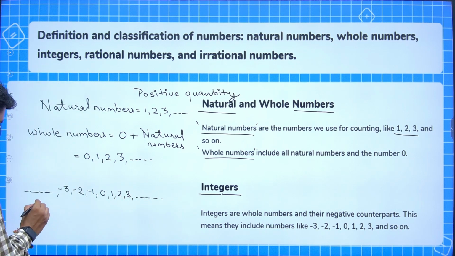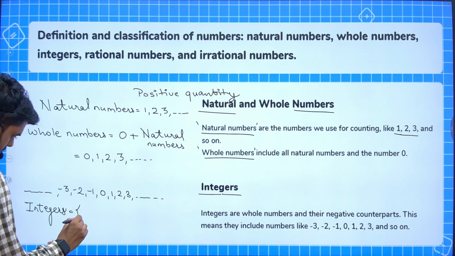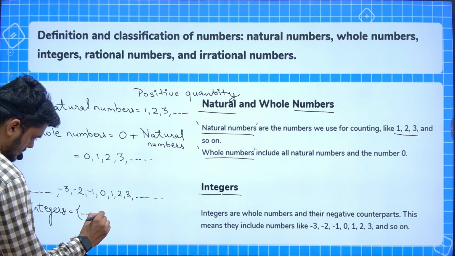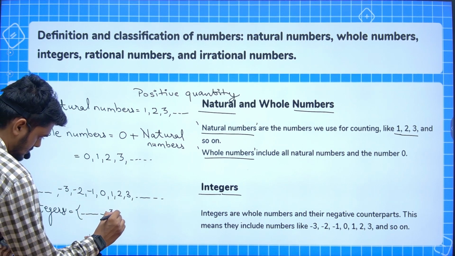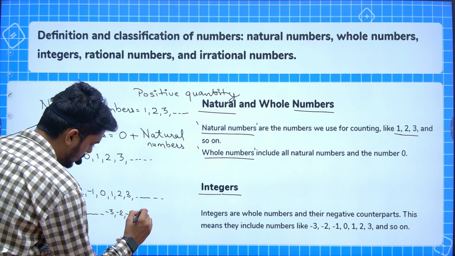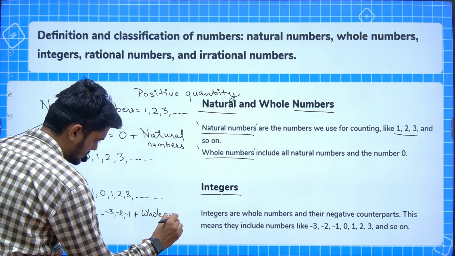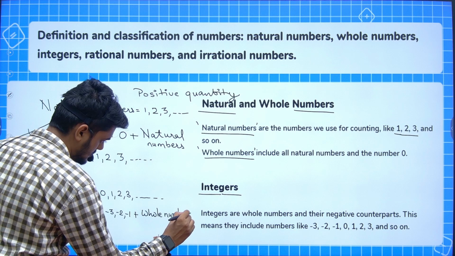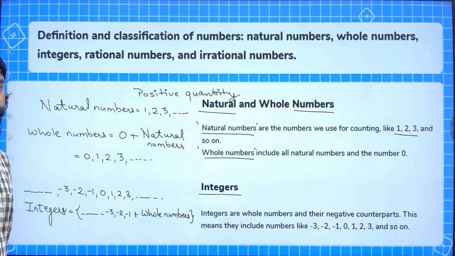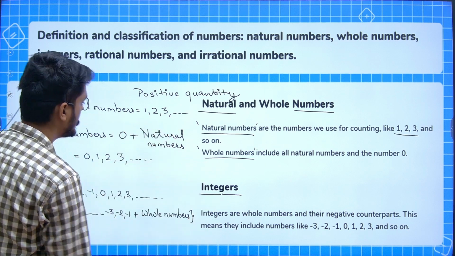So you can see, likewise in integers, the negative numbers plus the set of all whole numbers. This is how we conclude the natural numbers, whole numbers and integers.